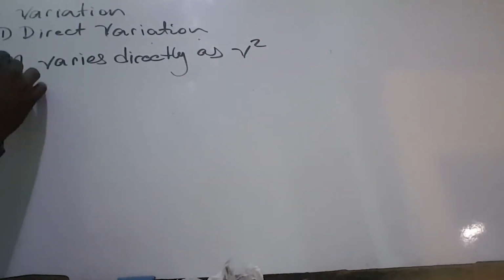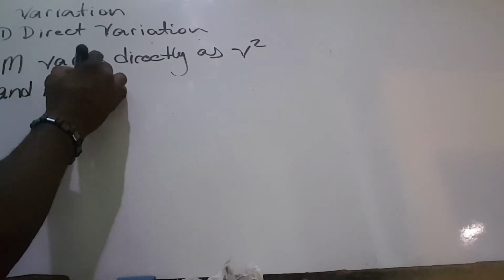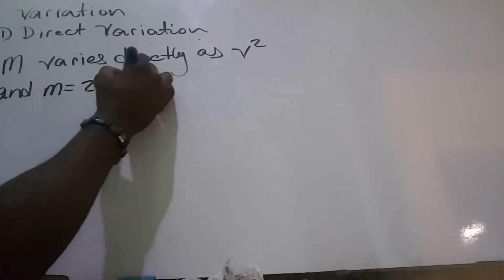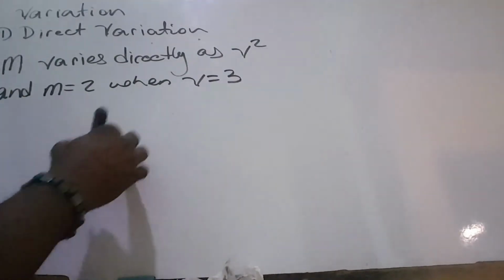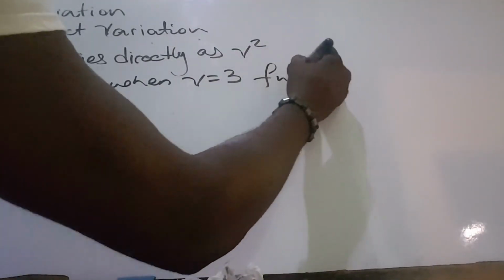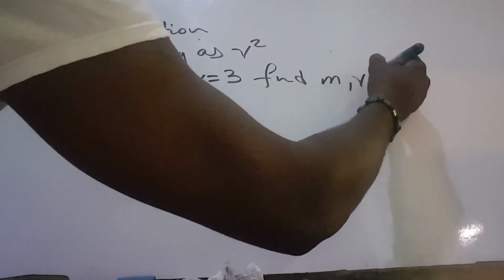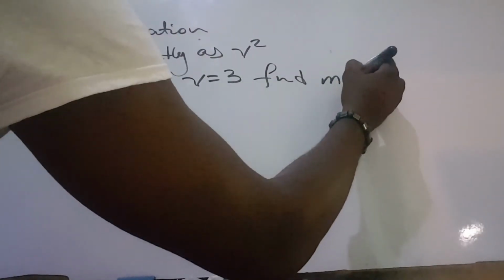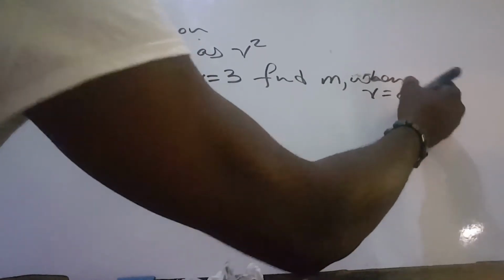All right. And we have a case, and m is equal to 2 when v is equal to 3. So they want us to find m when v equal to 6.